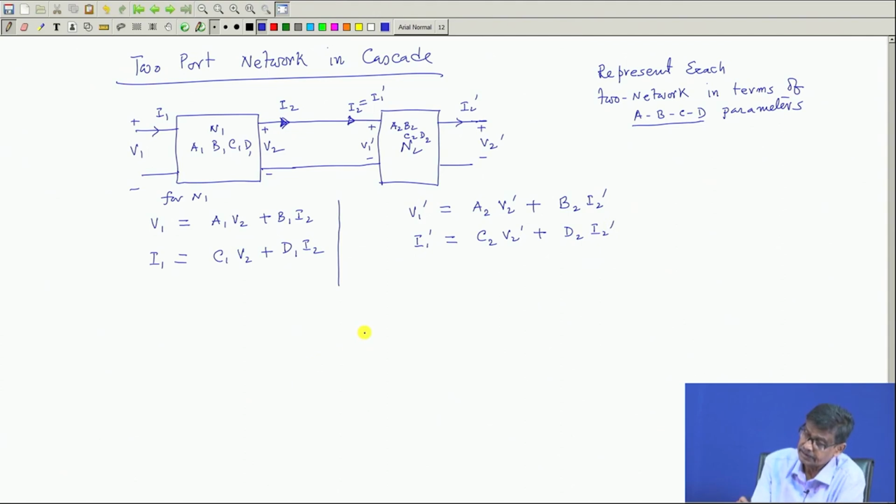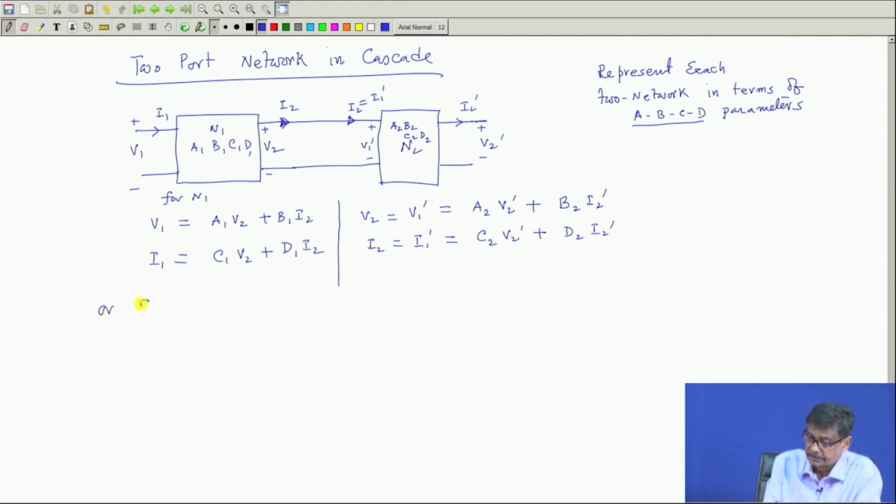But you see that V1 dashed and V2 are the same, this V2. So, this is nothing but V2 itself. Similarly, I1 dashed is nothing but I2 itself.